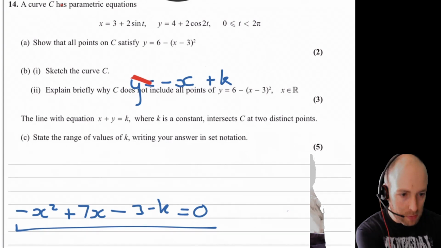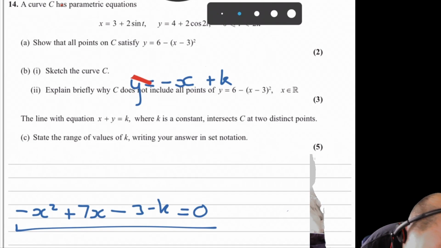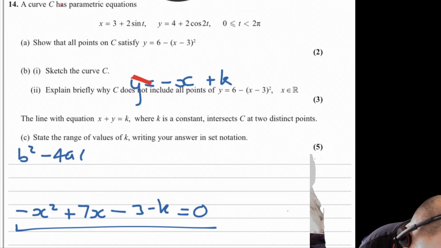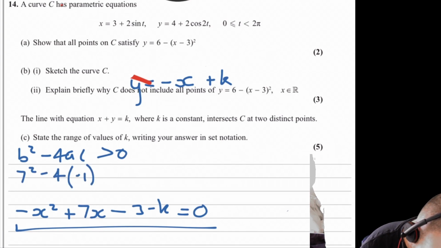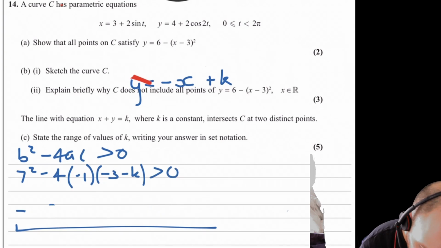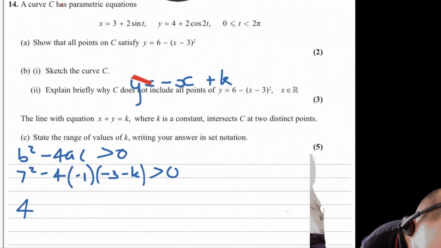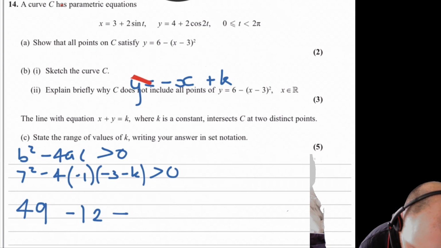And it crosses twice, so the discriminant should be greater than 0. So b squared minus 4ac more than 0. B squared, 7 squared, minus 4 times minus 1, then c is going to be minus 3 minus k. Should be greater than 0. So solve that. 7 squared, 49. Take away 4 times minus 1 times minus 3, which is going to be 12. And then take 4 times minus 1 times minus k, which is take 4k.